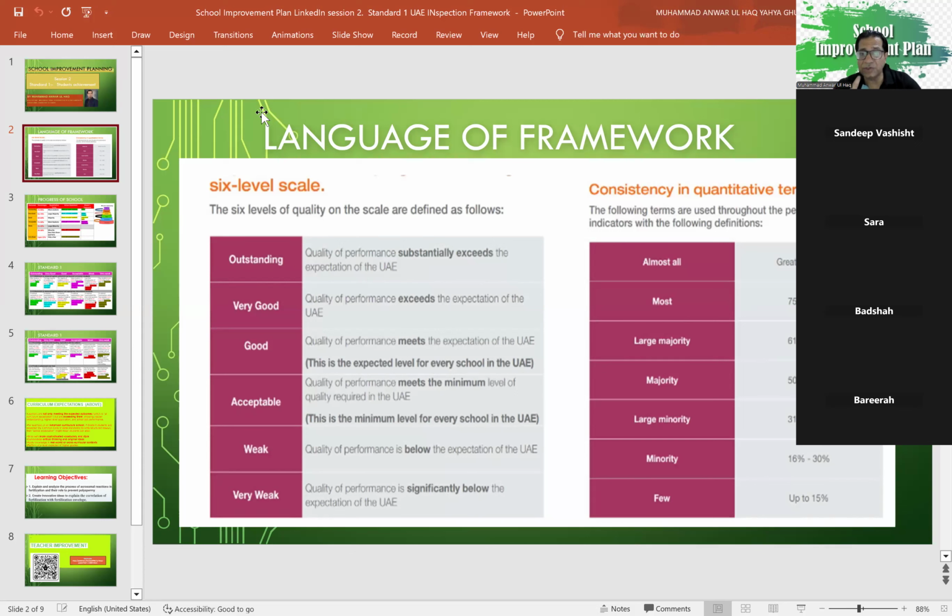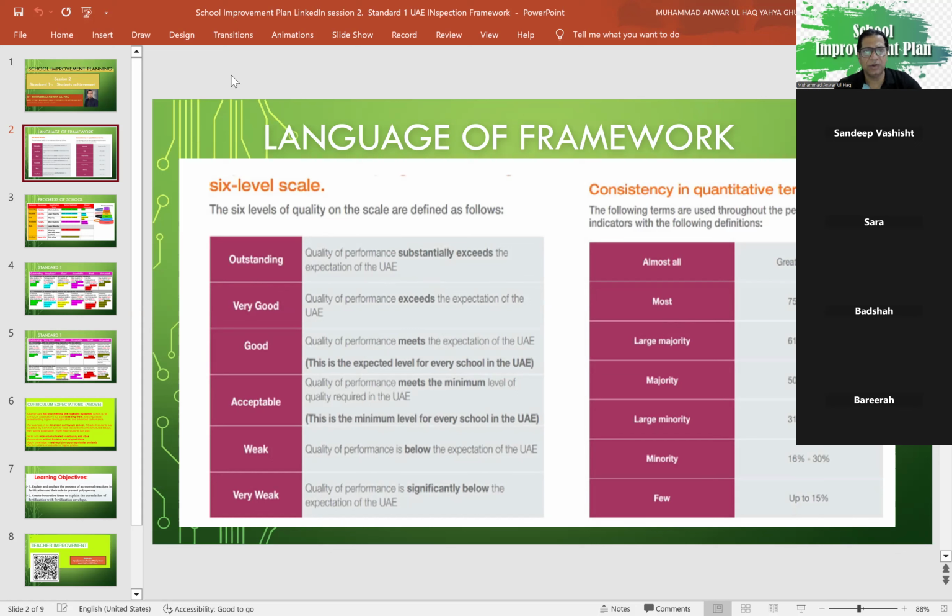Then, once you are looking into your school, at any part of your standard or anything related to admin, teaching and learning, these words are important: few, majority, large majority, most and almost all. Please bear the percentages in mind. The percentages are of key importance.